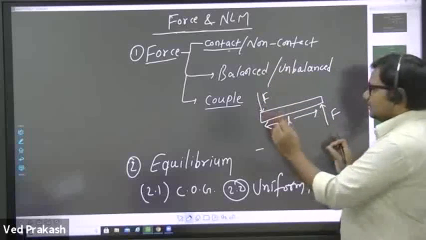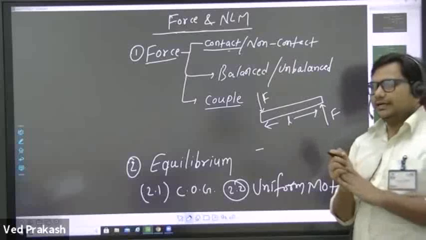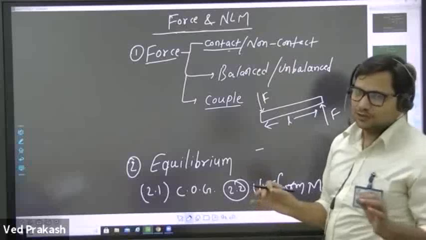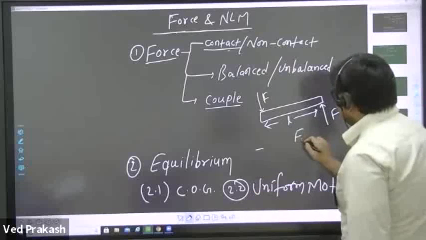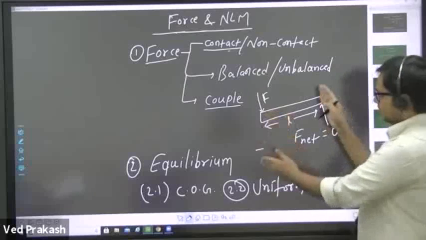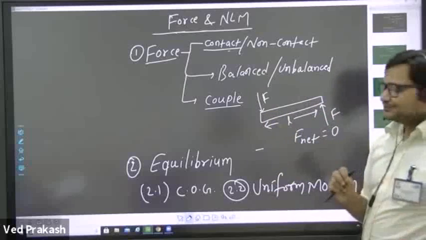Both are acting in opposite directions, and we all know that if two forces are acting in opposite directions, then the net force on the object is equal to 0. So F net is 0, but still you will see that this object will start rotating about its center.